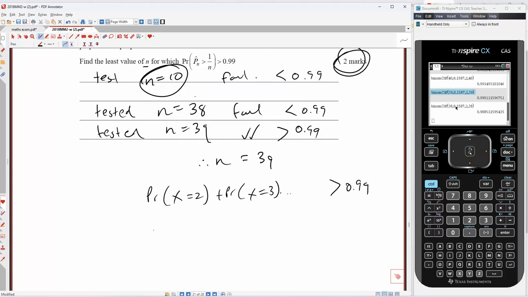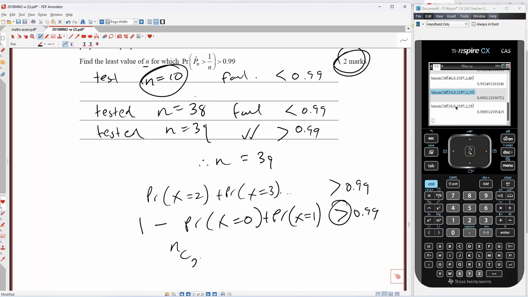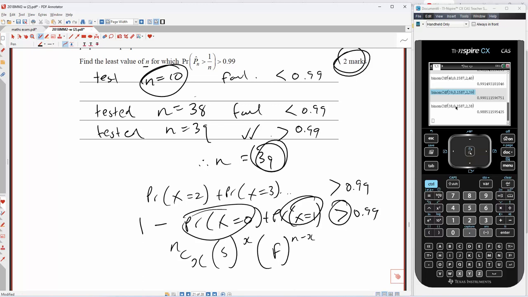And you might remember that what we did was that's the same as 1 take away the probability x equals 0 plus the probability x equals 1, greater than 0.99, and then we subtracted it, negative, that flipped that, and then we would have used nCx, whatever formula you use, success to the x, fail to the n take x, to construct this one and this one, and then you would have solved for, in this case, n, and that would have told you that the answer would have been 39 as well.